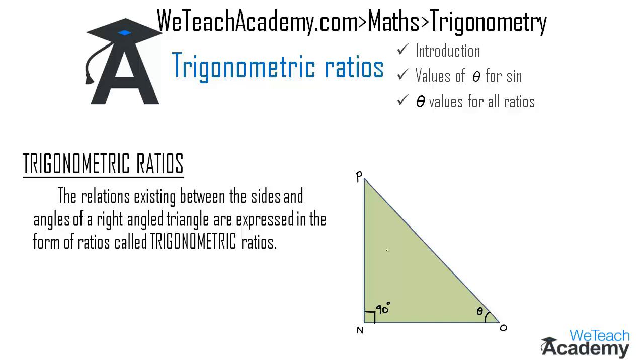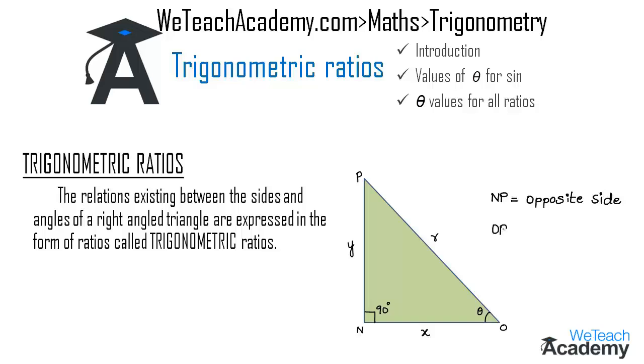Now let us name the sides of the triangle. Let us name ON as X, PN as Y and OP as R. Let us consider the angle theta, and the side opposite to the angle theta, that is NP, is called the opposite side of the triangle.